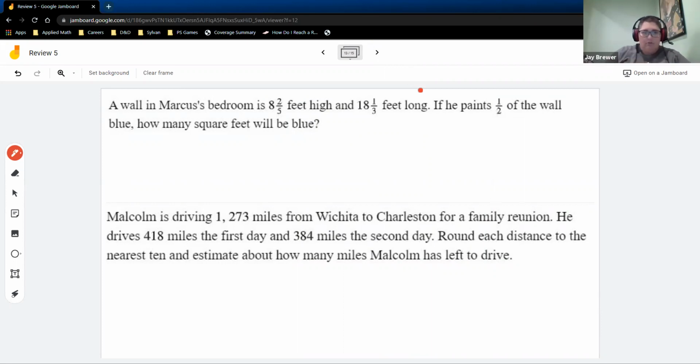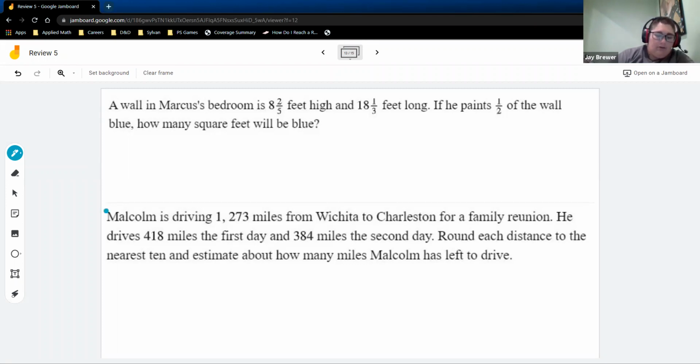All right. Okay, let's go ahead and read this one. A wall in Marcus's room is, well, let's use blue because that makes sense. Wall in Marcus's bedroom is 8 2/5 feet high and 18 1/3 feet long. If he paints half of the wall blue, how many square feet will be blue?